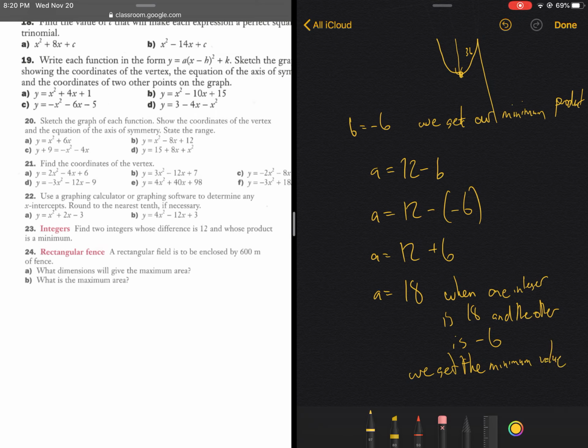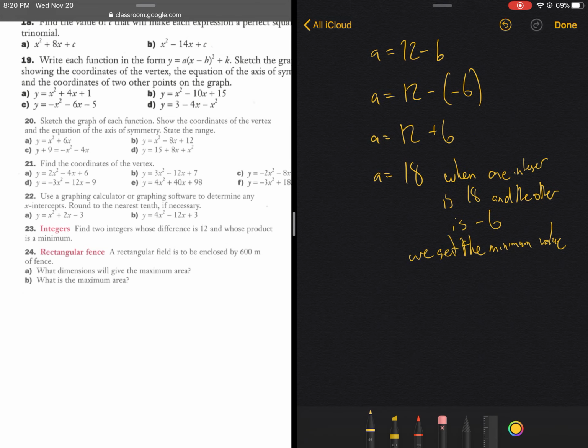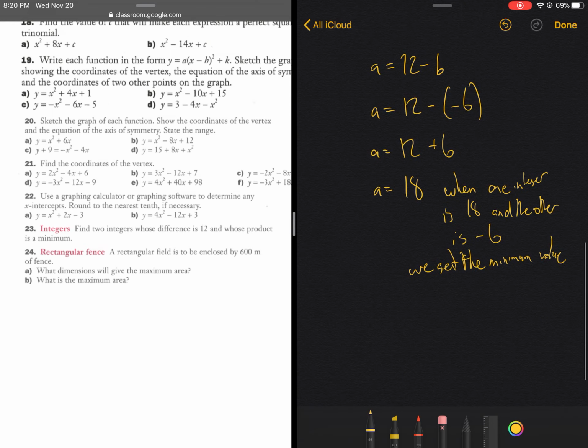Now, I'm sure I made a mistake somewhere, right? Because 18 times minus 6, that's not necessarily the lowest number. We can verify, though. But that's our answer.